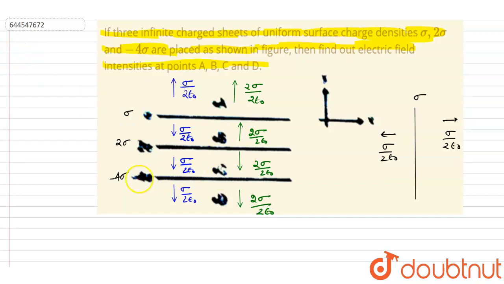Now if you see here, this is having negative charge, so it will be directed toward the plate. So here it will be 4 sigma by 2 epsilon naught.